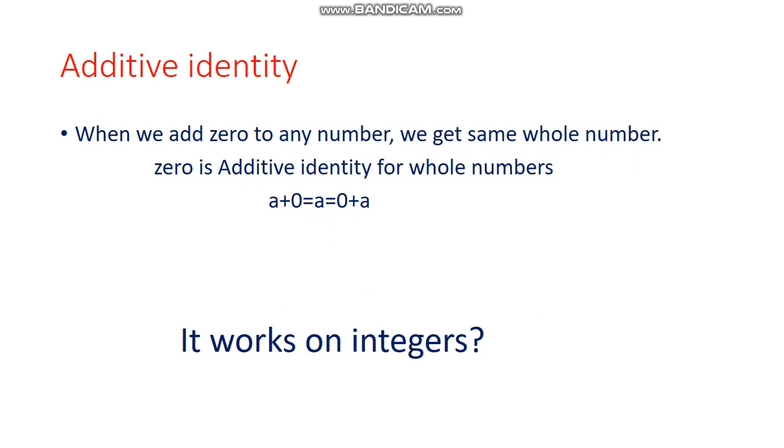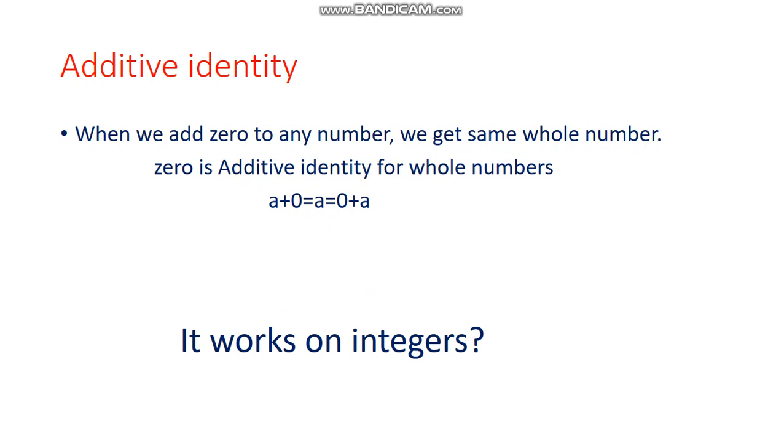Next we move on to additive identity. We already checked in whole numbers. Now let's check in integers. Additive identity says that any number added with 0, in any order, gives that number only.